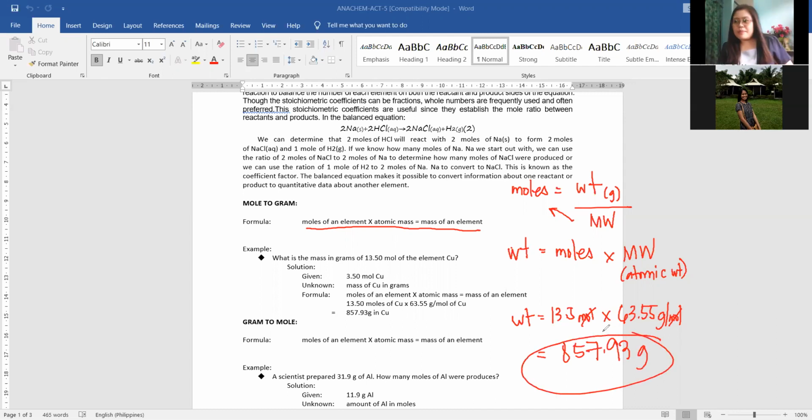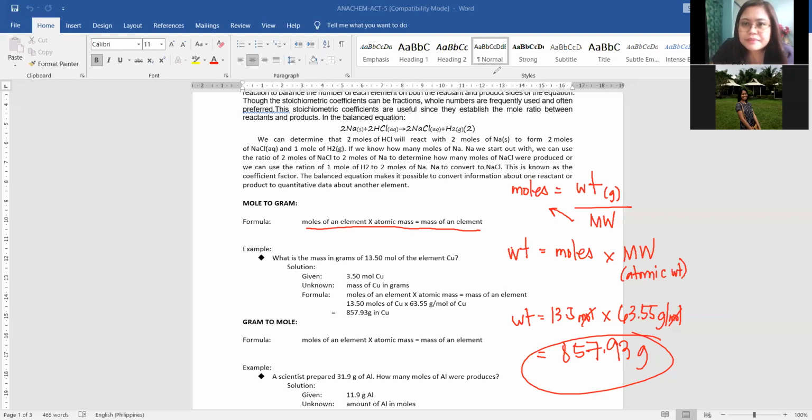So, anaon lang siya pag answer. Mag-practice sa taog convert sa moles to grams. And vice versa, grams to moles. Okay? Questions about the conversion of moles to grams?